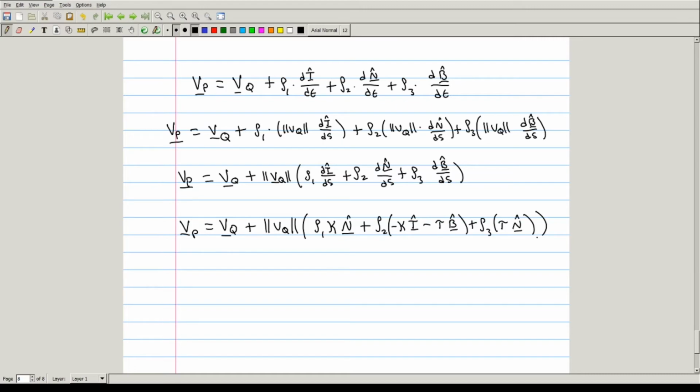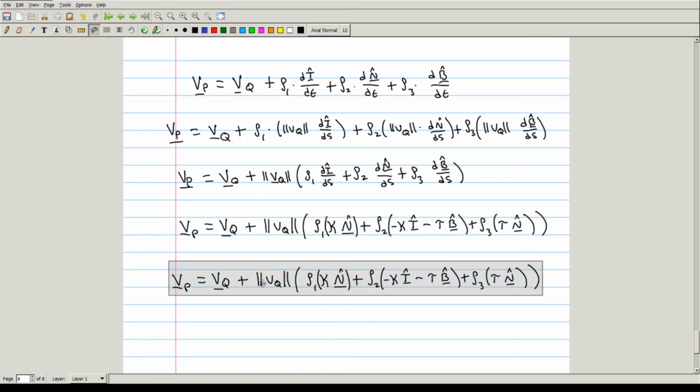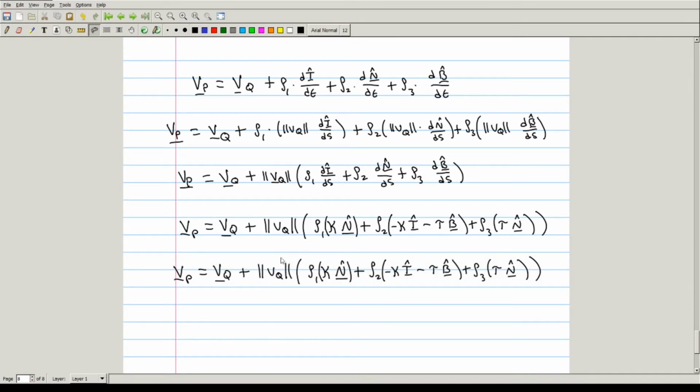I'll put this in parentheses here. But we can go through and directly simplify this equation to look a little bit nicer. And then we'll see that it simplifies even greater.